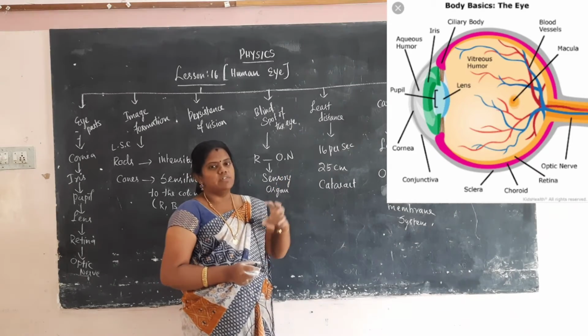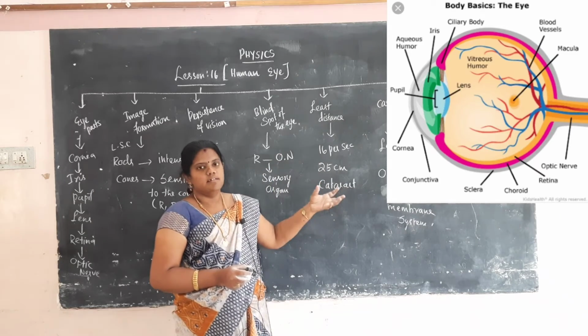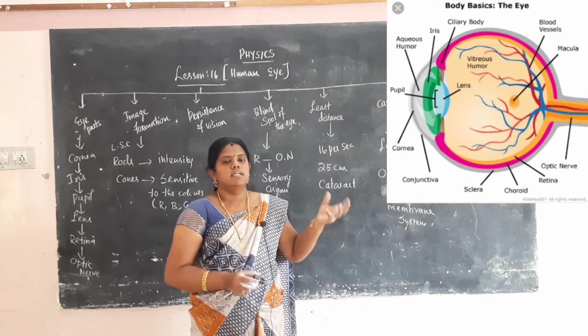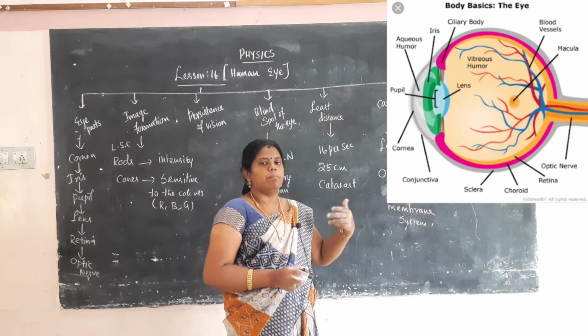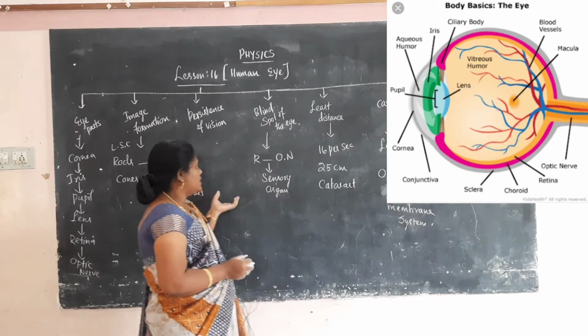The lens converges the image, and the converged image falls on the retina. The retina captures the real and inverted image, which is transferred to the brain by the optical nerve. That is the image formation in the eye.